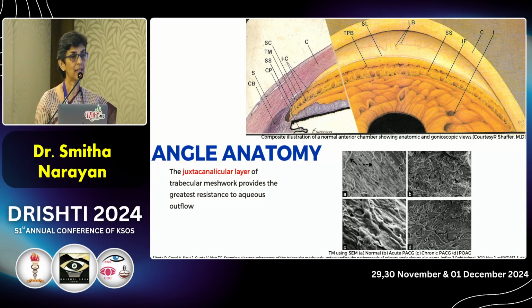You can understand the great deal of damage, edema and resistance to the outflow of aqueous. So trabeculectomy is that filtration surgery which bypasses this diseased or damaged trabecular meshwork such that the aqueous is able to go from the anterior chamber to the subconjunctival space where it forms a filtering bleb.